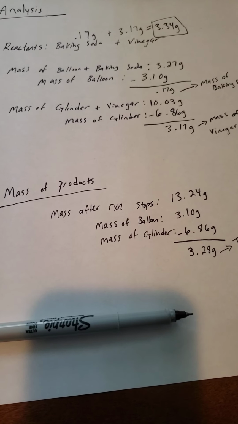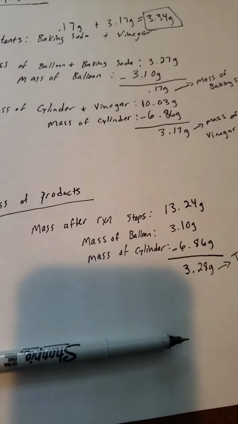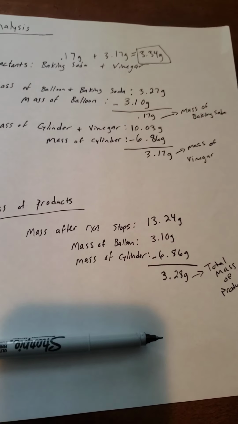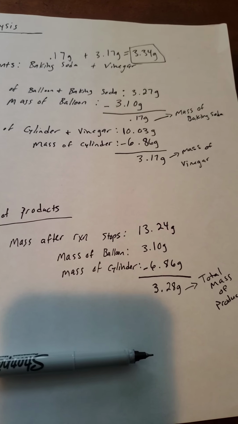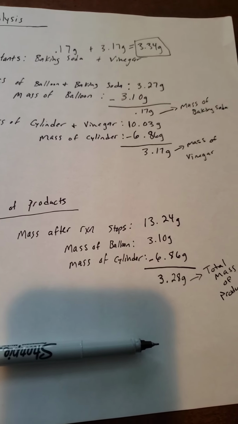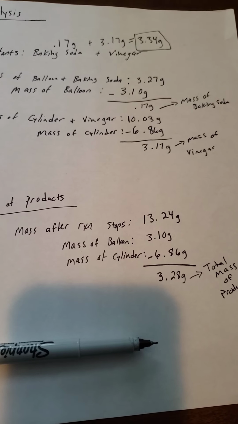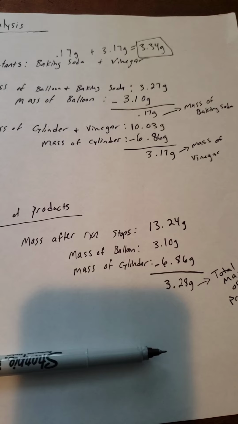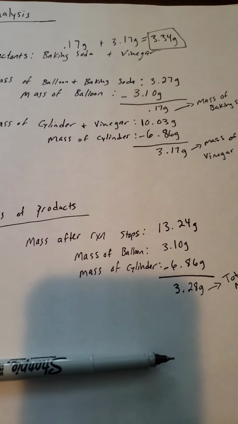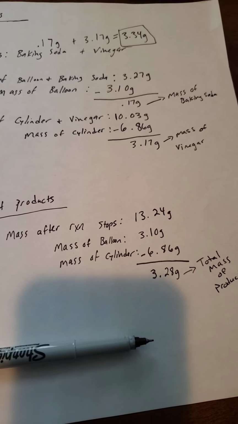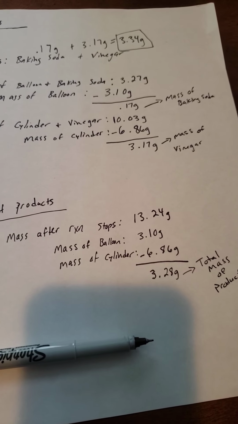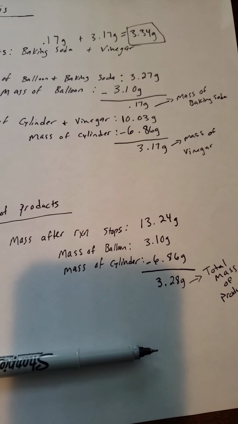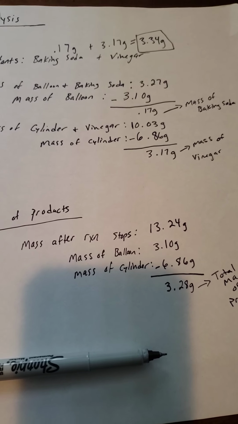For example, I took these numbers from one of the groups in my second period class, so maybe they had some kind of issue when they were using the scale. That could have accounted for it. Maybe their balloon wasn't completely sealed around the graduated cylinder, and a little bit of gas could have escaped while the reaction was taking place. But I'd say for the most part, we're really, really close to the numbers being equal.